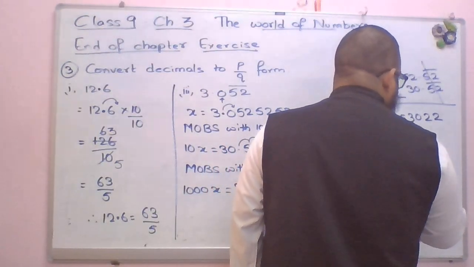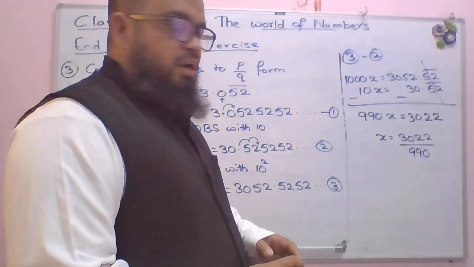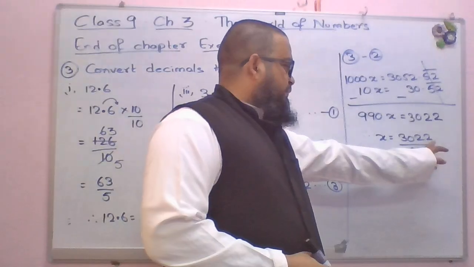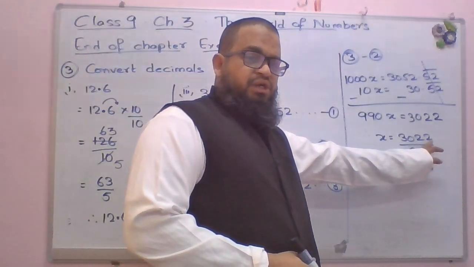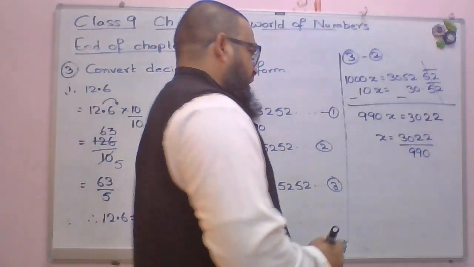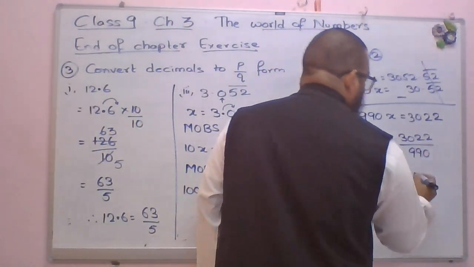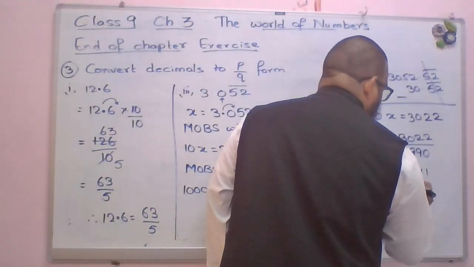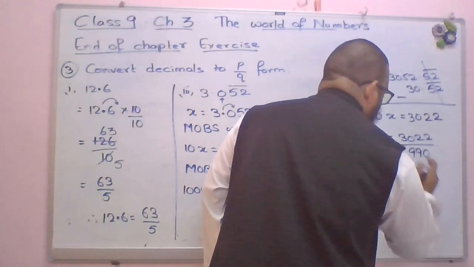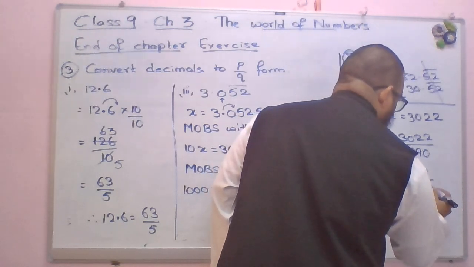3022 divided by 990. And now I believe both are divisible by 2, because the digit in one's place has 2 and 0, so therefore both are divisible by 2. Let us divide. 2 ones are 2, and then 10 5 times 11 divided by here 2 fours are 8, and then 19 9 times 18, and then 10 times 5.